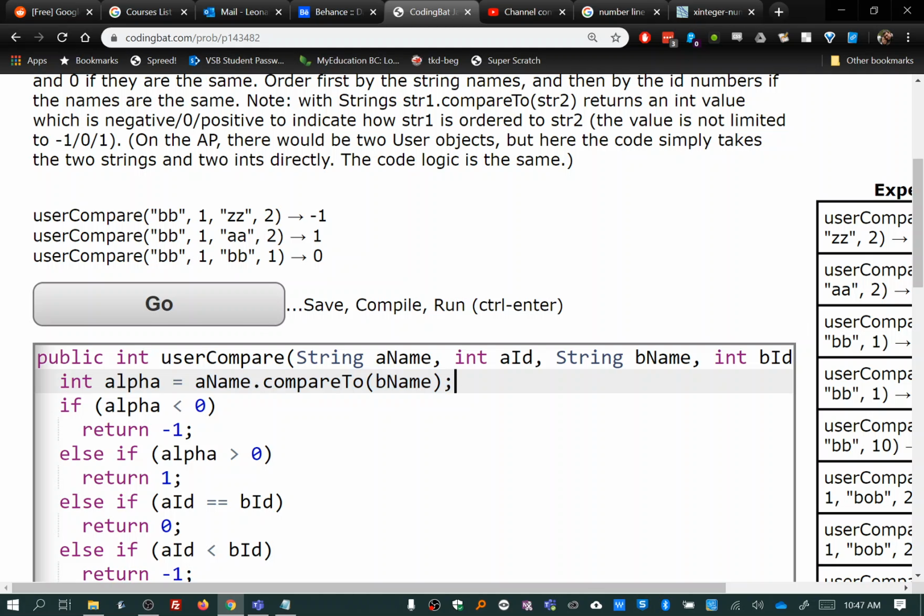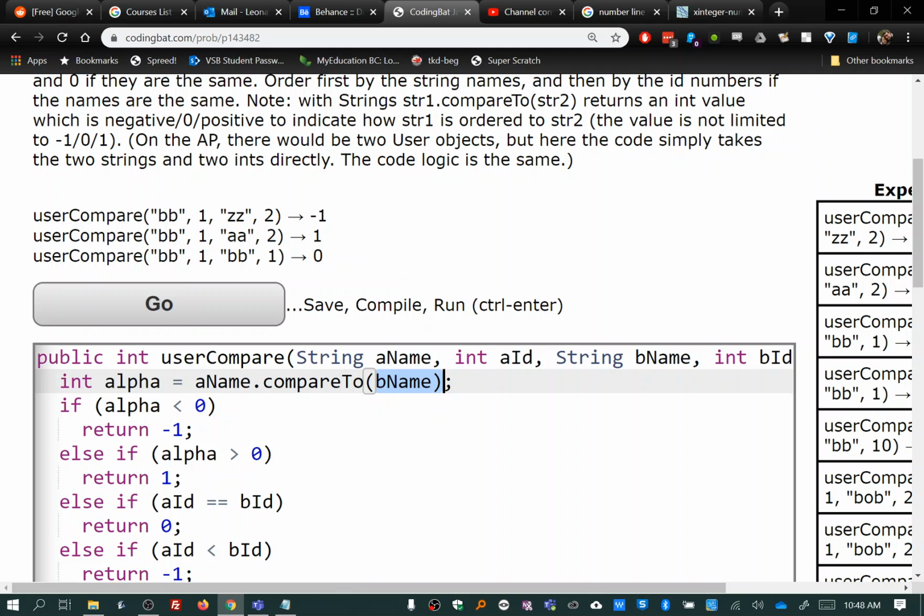So here's what we do. If alpha was greater than 0, if it was positive, that means that B name comes first alphabetically. And now I'm looking at this and I'm thinking I structured my question a little bit poorly. Maybe I should have put B name here first.